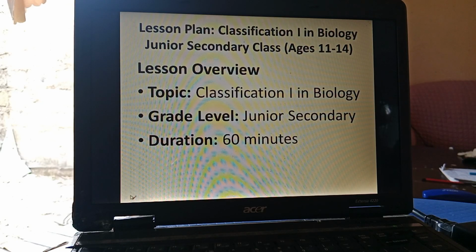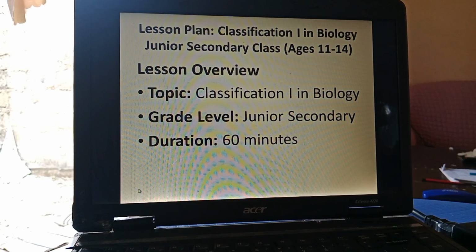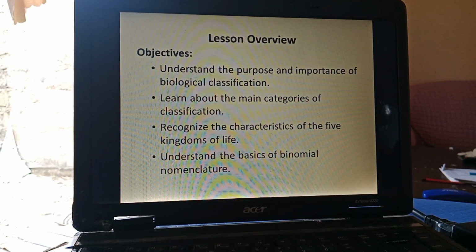And specifically the lesson plan is meant for the junior secondary class ages 11 to 14. And looking at the lesson overview, you have the classification 1 in biology as the topic. Grade level is junior secondary, and the time or duration is 60 minutes.